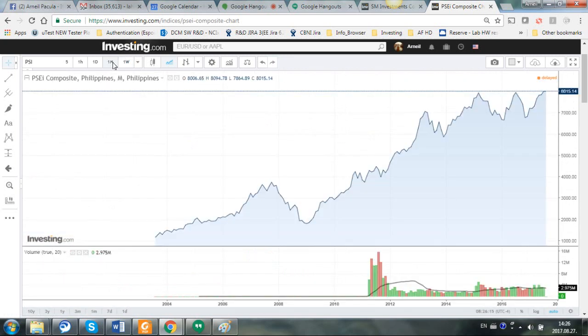So, okay, convert natin to one. So, let's say you are already investing to PSEI index fund since 2010. Your money, so let's say it was only 3,157 last 2010 March. Now it is already more than double, 8,015 na.